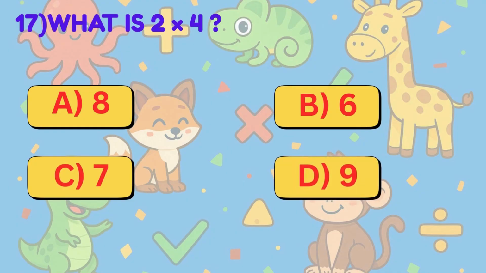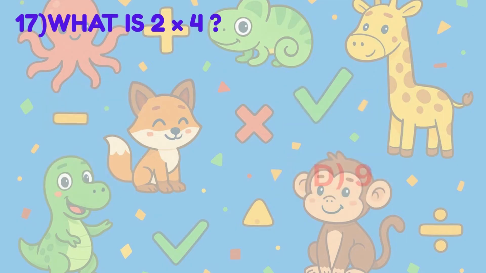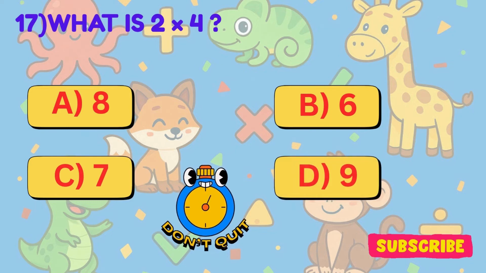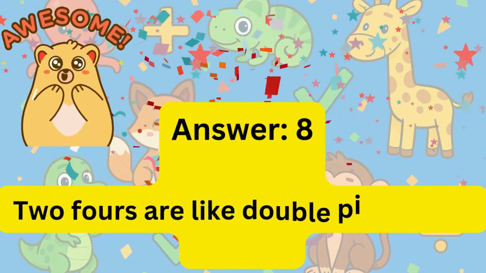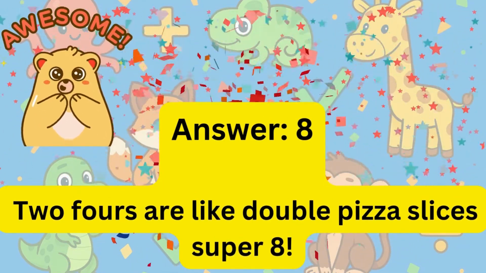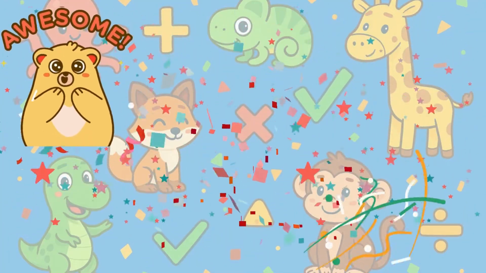17. What is 2 times 4? Is it A, 8, B, 6, C, 7, or D, 9? Correct answer is 8. 2 4s are like double pizza slices. Super 8. 18.